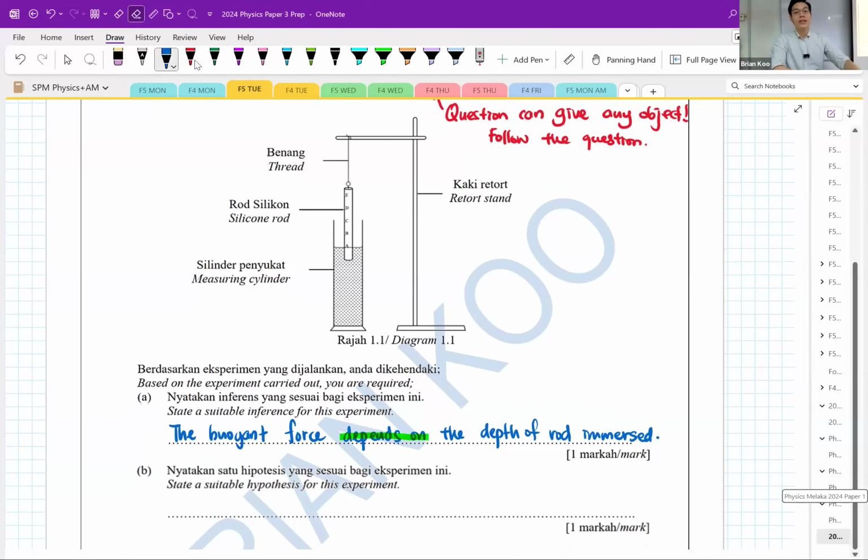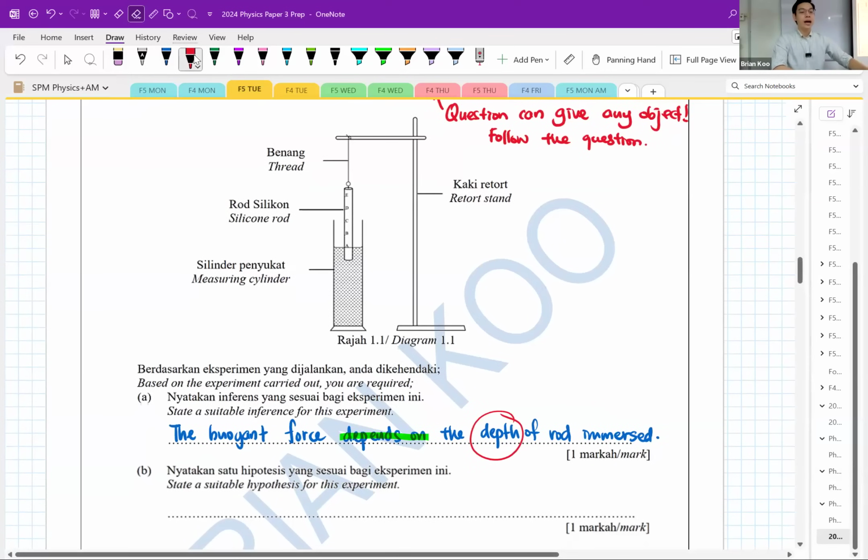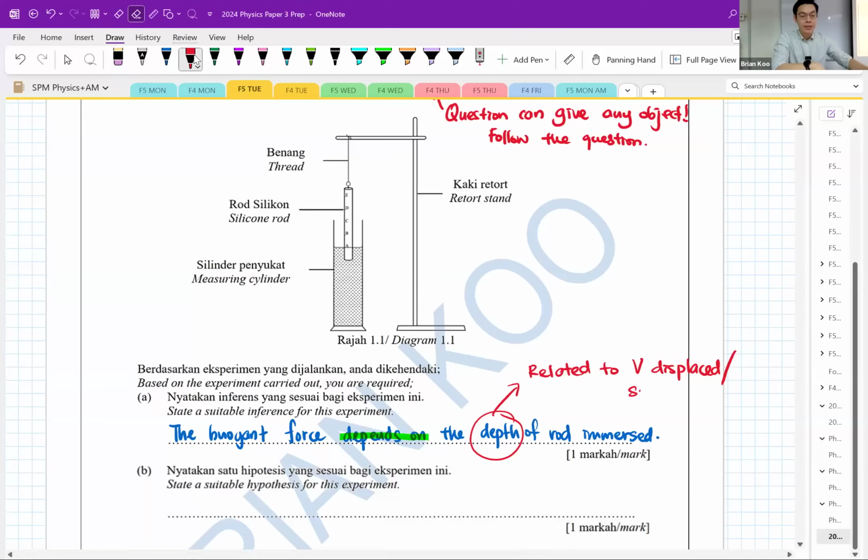Well, I think it's the greater relationship, because I look at it like this. How much I submerge will be related to the volume displaced. Or you can think of it as the volume submerged.